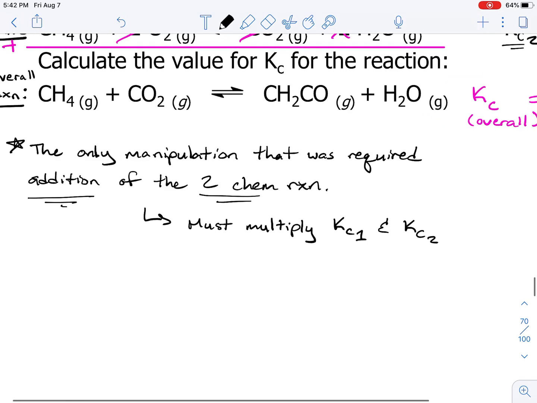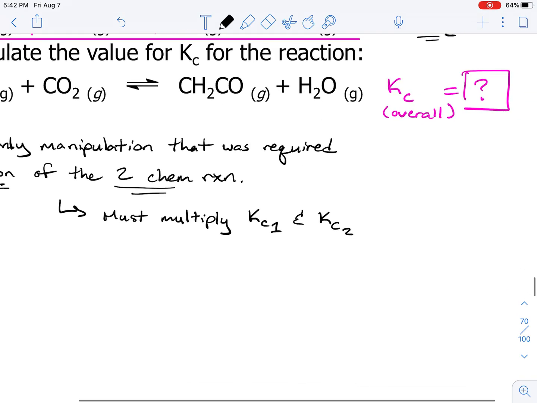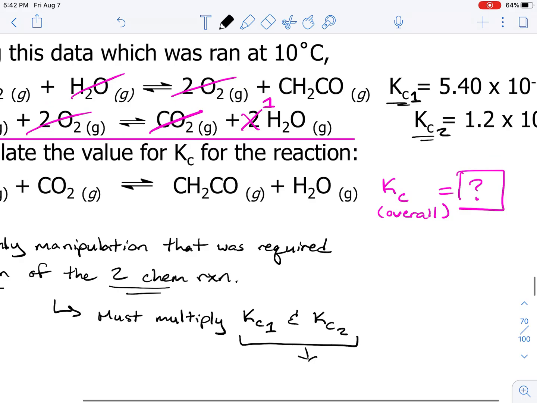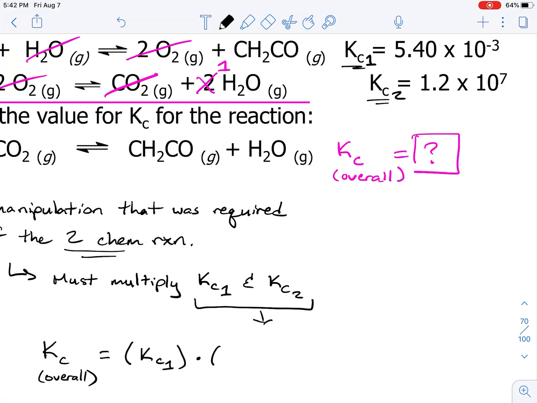And so if I add two chemical reactions to produce an overall chemical reaction, that means I need to multiply the individual equilibrium constants. And so Kc overall equals the product of Kc1 and Kc2.